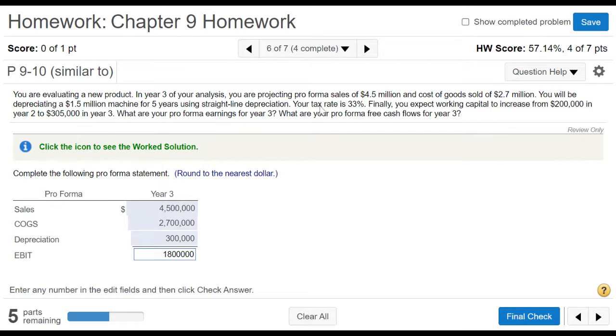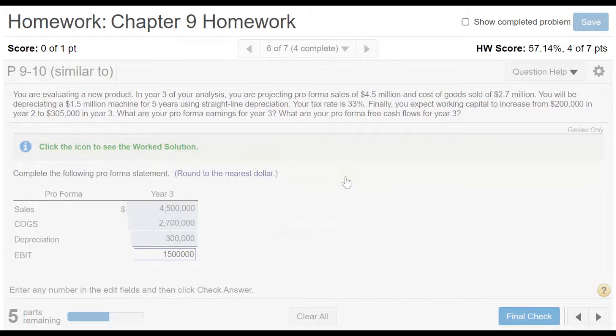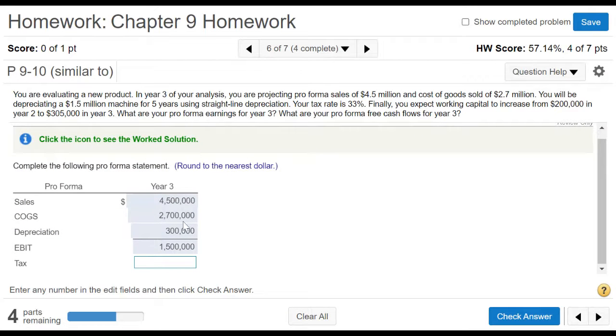Let me see. Wait, is it, hold on, 1.5? Who else? Anybody? 1.5? Good. You have to subtract the 300, these two from this part.